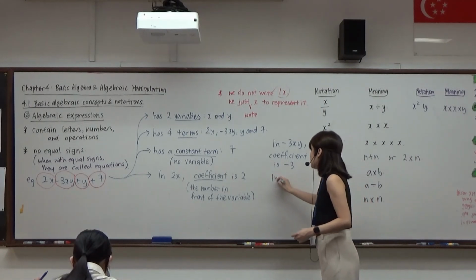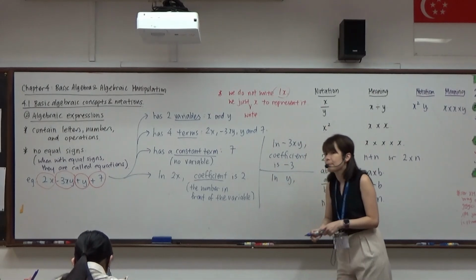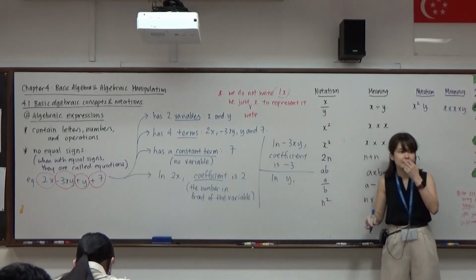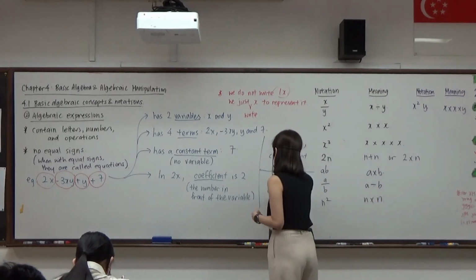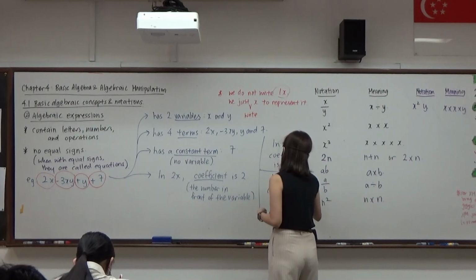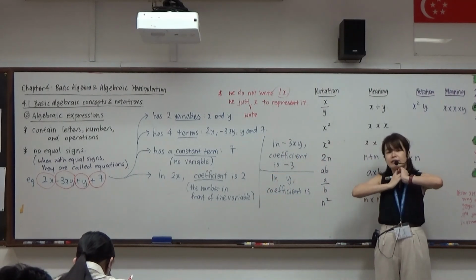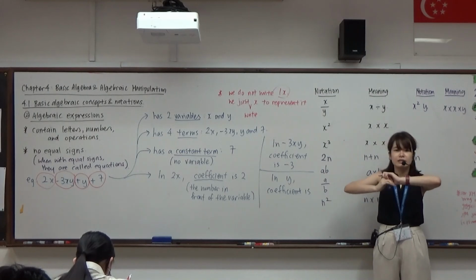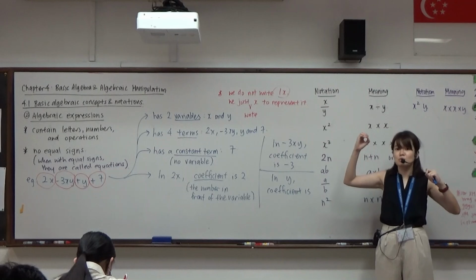Now, what about in y? There's no number in front, but actually there's still a coefficient. What is that coefficient? Yes, Kitty? 1. Ethan, what do you think? 1 also. Anybody thinks that it's 0?